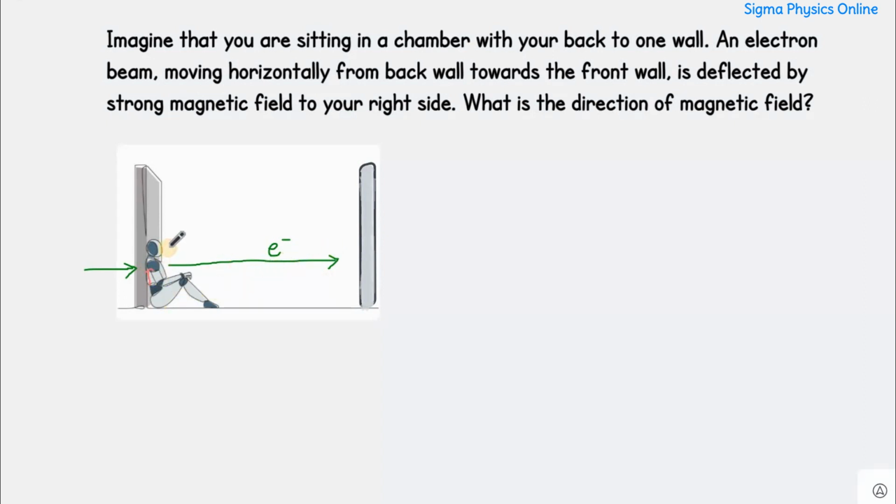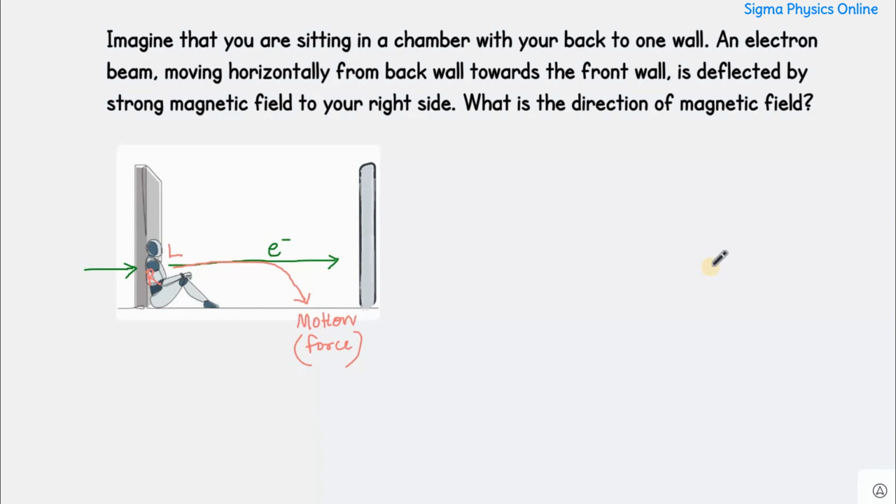So if this is our right side and this is our left side, the electrons which were going in this way were deflected towards the right. This is the direction in which force is acting on the electrons. So we have to find out in which direction is the magnetic field acting.